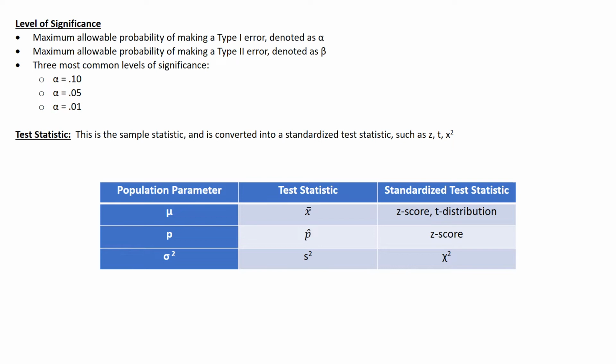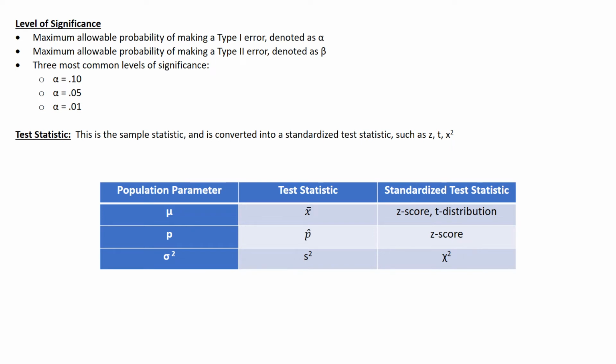Now, I'll be working through all these, but I want to show you right now, if we're talking about mu, the population parameter, and we use a sample, the X bar is the sample average, and we use the Z-score or the T-distribution, depending on, remember, if we have a sample deviation or not.